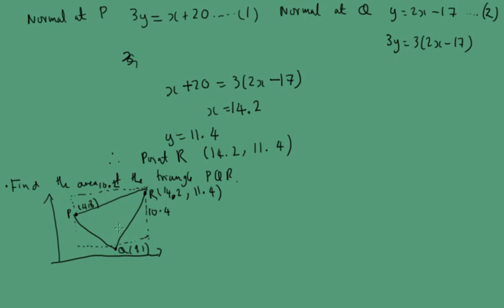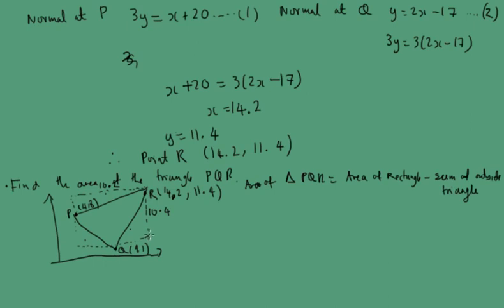So we can work out the area of that rectangle. The area of triangle PQR must equal the area of the rectangle minus the sum of the outside triangles. So this triangle, and this triangle. Now what's this length going to be?